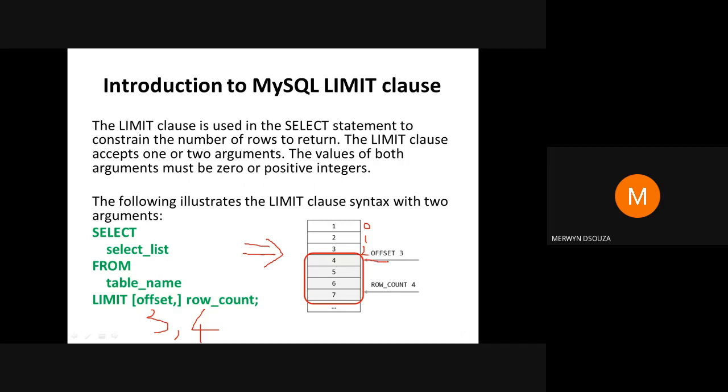This is where the offset is 3, as specified in your query. From there the limit clause will pick up the 4 rows. So a total of 4 rows should be returned by the query: the first, second, third, and fourth. This is the way your limit clause works using the offset and the row count.